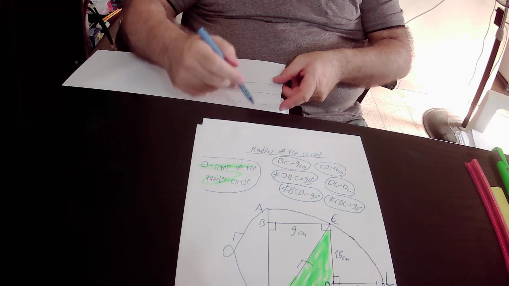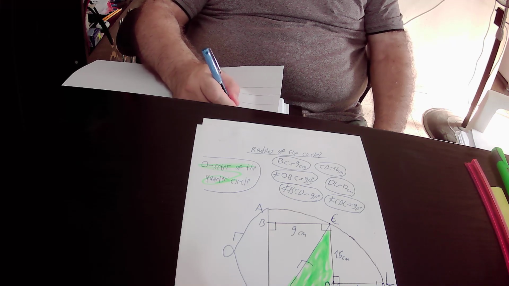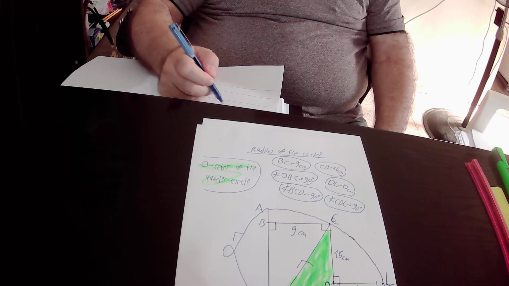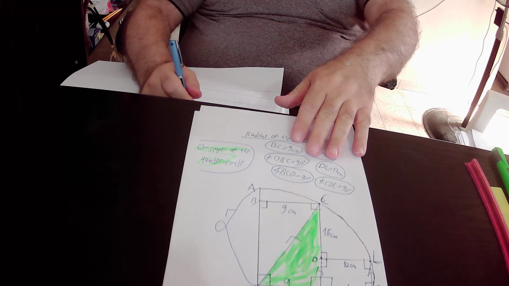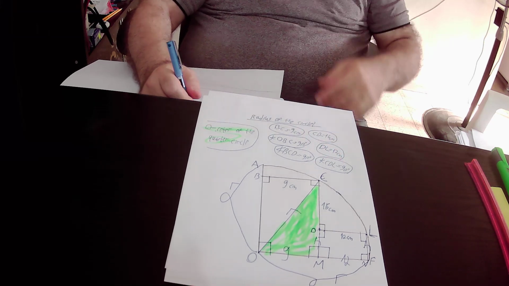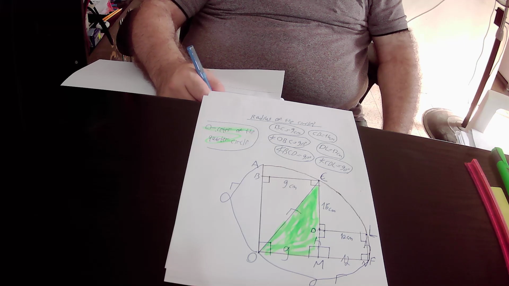CO equals R, the radius of the quarter circle, therefore CO squared is R squared. And it is equal to OM squared. OM equals 9. Therefore OM squared is 9 squared, that is 81.